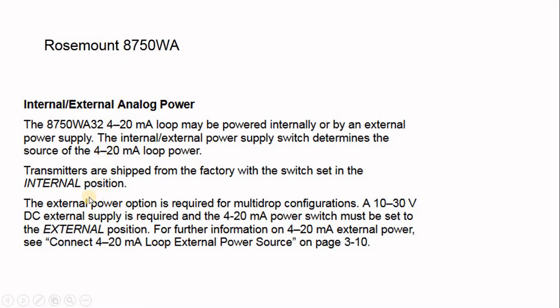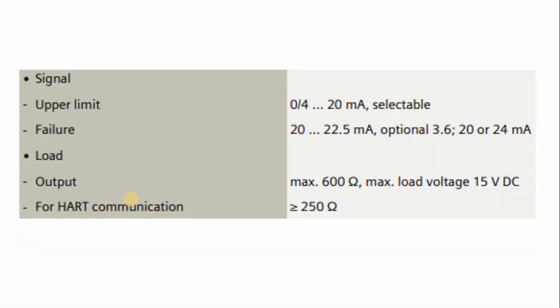Here they say that an internal and external power supply can be used to power your loop. There is a switch inside your transmitter. You flip it between the external and the internal power supply. If your transmitter is powering your loop, then the transmitter will give you your maximum and minimum.